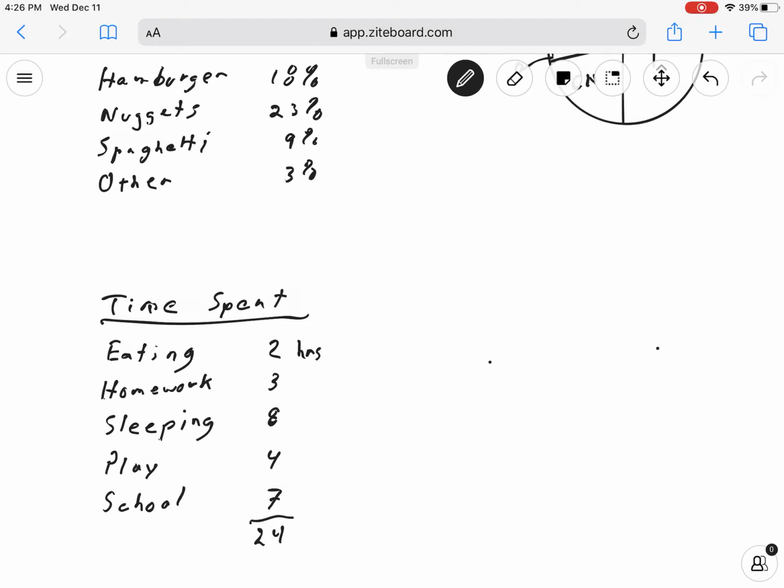So if we divide each of those by 24 and multiply by 100, let's see. So I have 2 divided by 24 times 100 is 8 1/3%. And 3 divided by 24 is 12.5%.